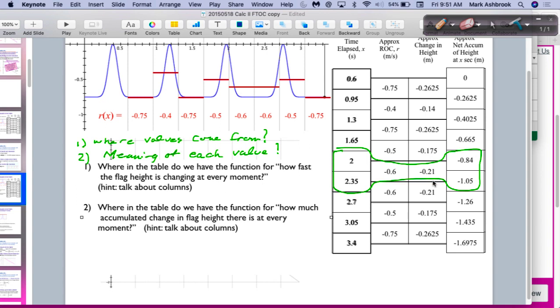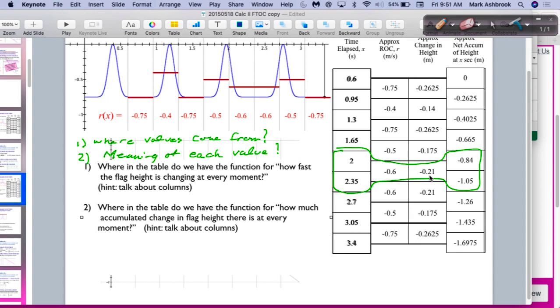And yeah, good. And how did we get that? Good, right?